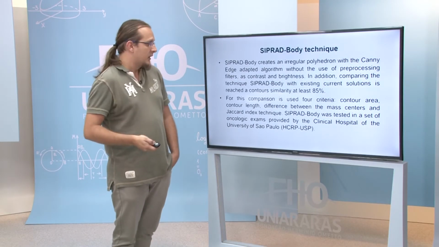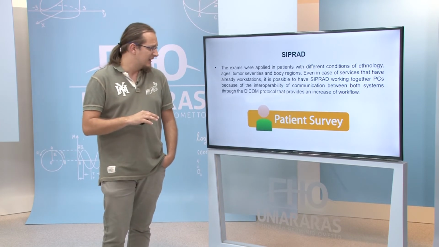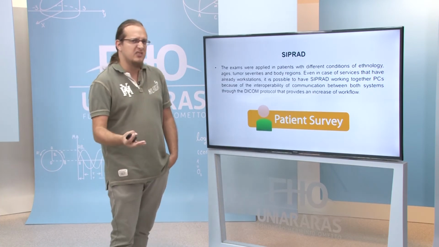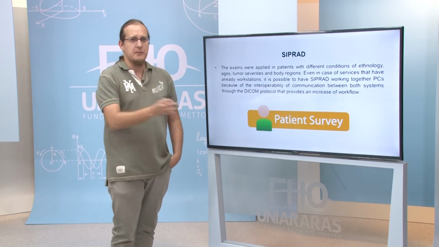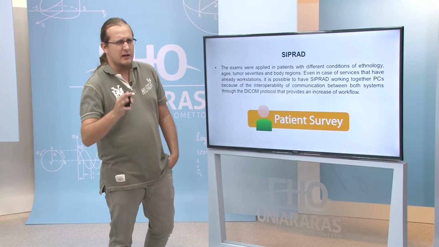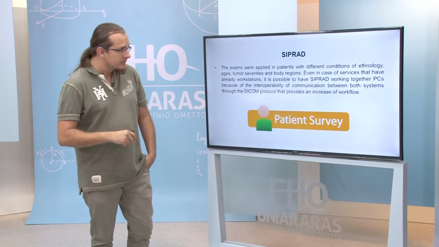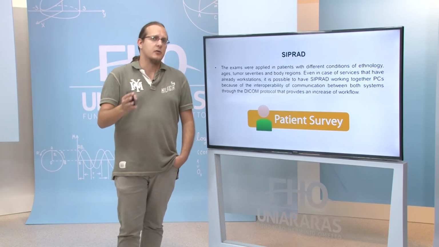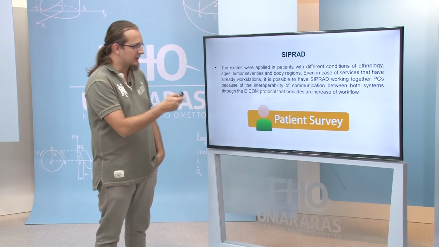In this case, patients in different conditions were used: ethnicity, ages, tumor volumes, the type of treatment, the type of disease, cancer disease. I'll talk about 100 patients in a hospital in Brazil. The DICOM RT protocol was used for the patient survey in the tests of this technique.